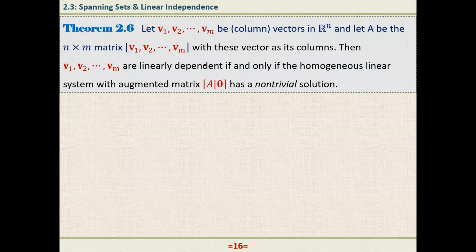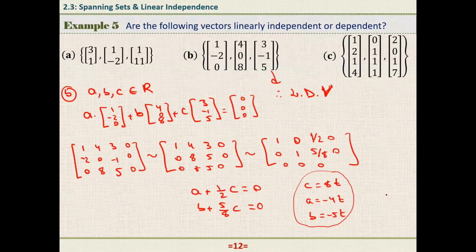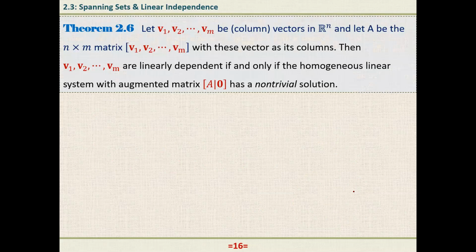This is what we did in the examples. See here in the previous example, as you see here, we have a non-trivial solution. If the system with this augmented matrix has a non-trivial solution, then the vectors are linearly dependent. Otherwise, they are linearly independent vectors.